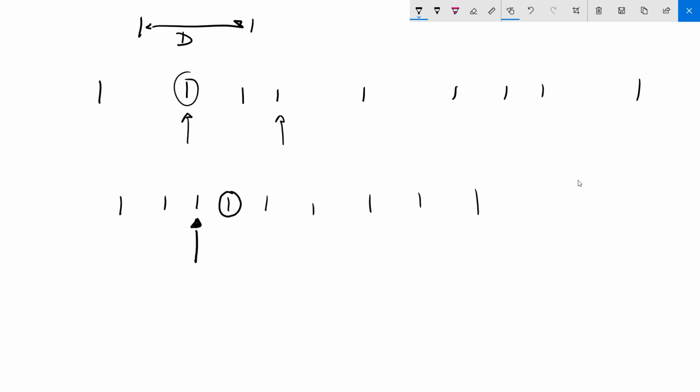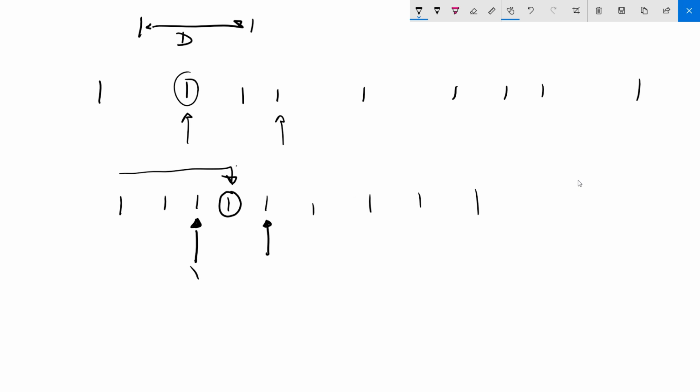Okay. So, yeah, the proof would be, let's look at the first two stops in the optimal solution. So the optimal solution will stop here, and then maybe it'll stop here. But it avoids the greedy choice. Well, I can take that solution. I know that I can go in one stop to the greedy choice, and that greedy choice is even closer to the next stop than this one was.